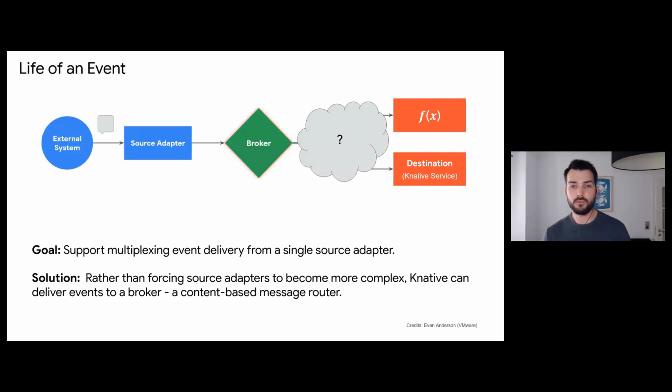So instead of forcing the source adapters I was talking about to become much more complex, to add much more logic to every adapter, Knative can deliver events to a broker. So think about a broker as a content-based message router, which allows messages to be stored and to be delivered as a single central piece in your messaging system.